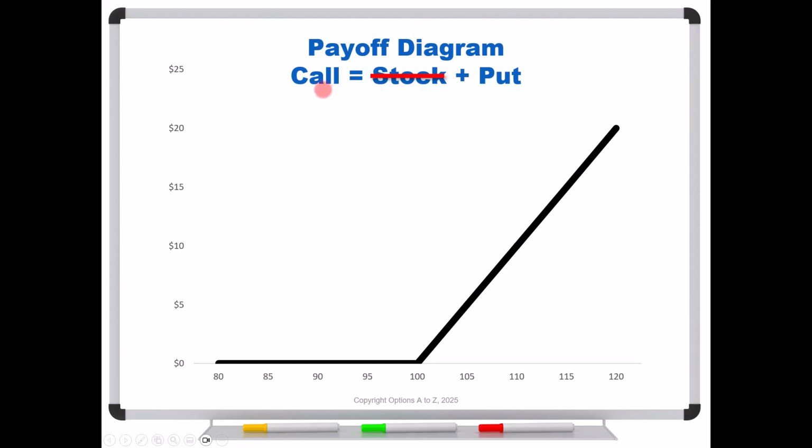So now notice that the call is acting as a put. So in this case, the call is insuring the downside risk. So if the stock is up here and it starts sliding and it comes down here, you could say that your call option paid off because you were never exposed to further downside.